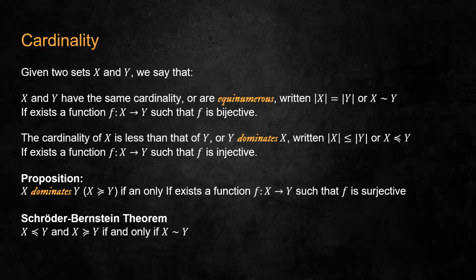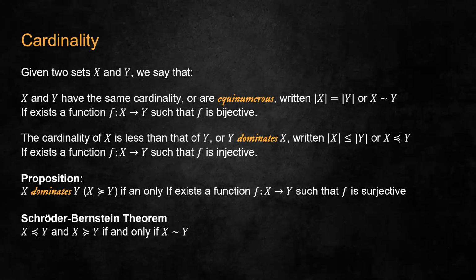We can also talk about the other function, a function that is surjective. It's easy to see that if X dominates Y, then there's a surjective function, because it's easy from an injective function to flip the sets and make a surjective function.